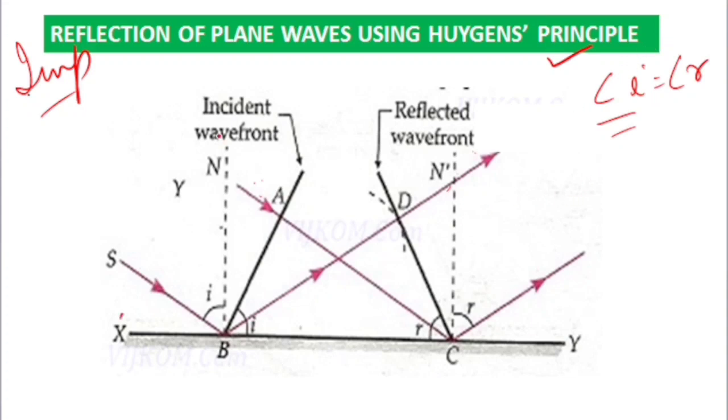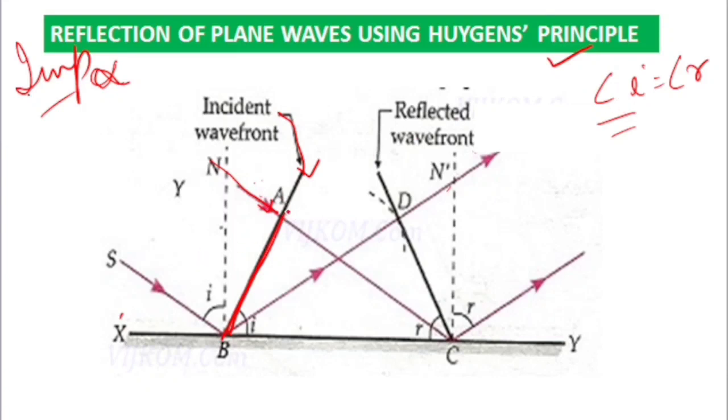Light is coming from infinity, and when the source is at infinity, what type of wavefront is formed? Yes, a plane wavefront. Suppose light rays are coming in this way, these are incident rays, and the normal to these incident rays is a plane wavefront. You can say this is the incident wavefront. Now you have to draw a reflected wavefront and prove that i equals r.